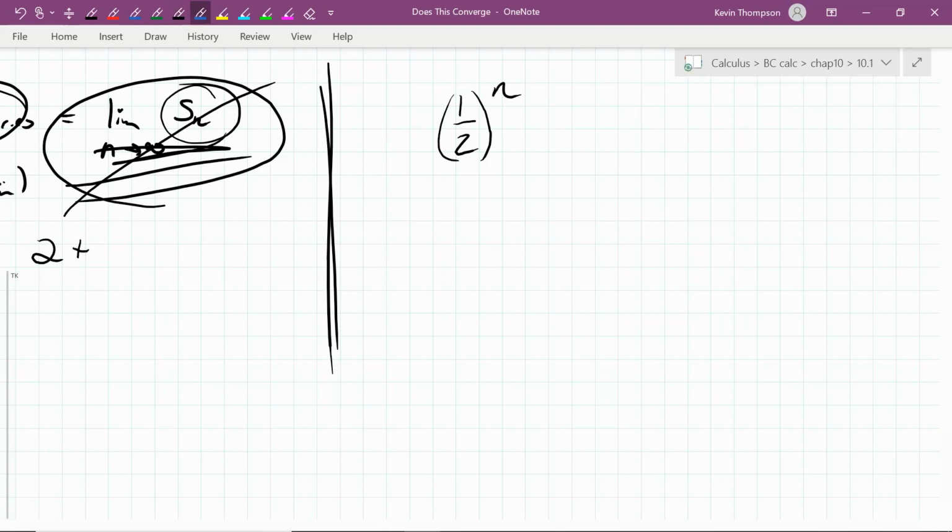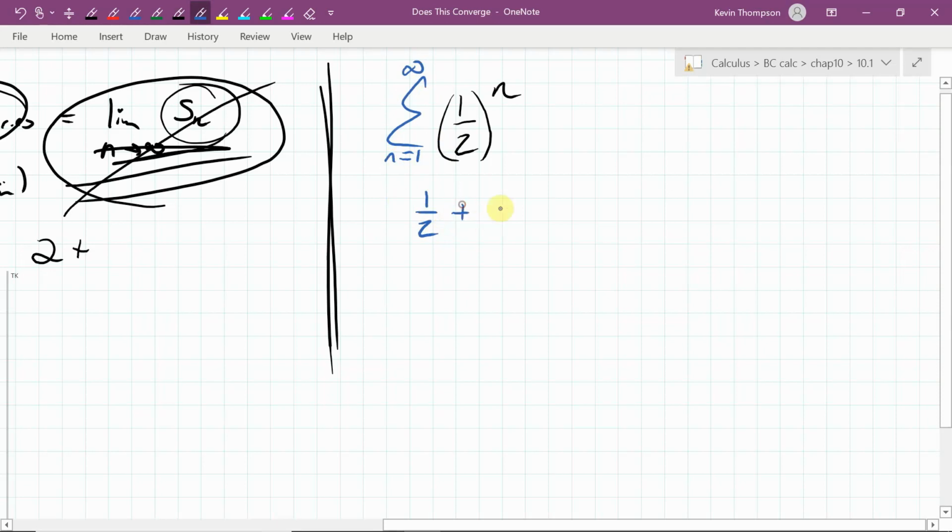So let's think about writing this out. I'm looking at some summation here from n equals 1 to infinity. So I'm saying 1/2 plus 1/4 plus 1/8 plus dot, dot, dot, forever and ever and ever.